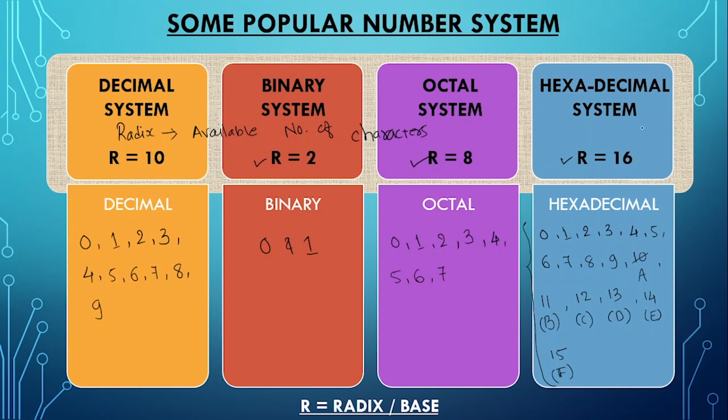Now if I am saying that these are the characters of different number systems, then we must have a formula according to which any arrangement or any combination of these characters must be defined. So that is a very important formula to define any number in different number systems.